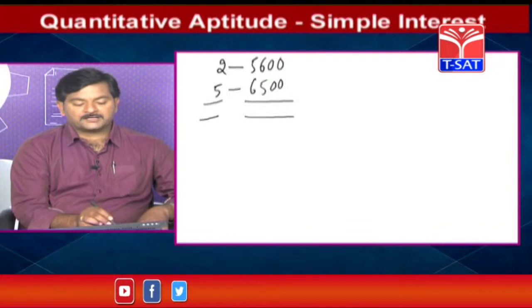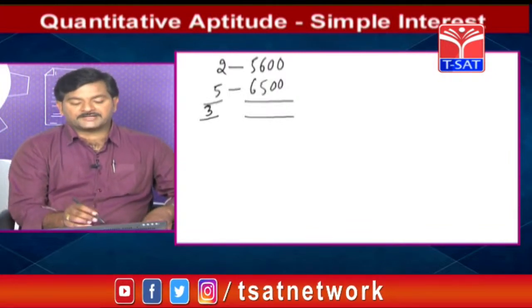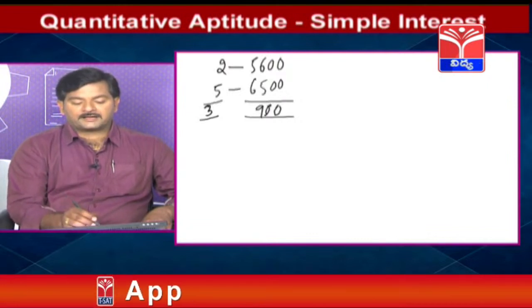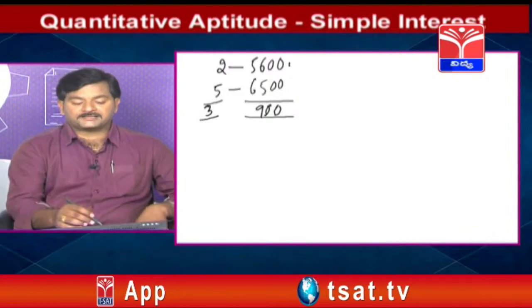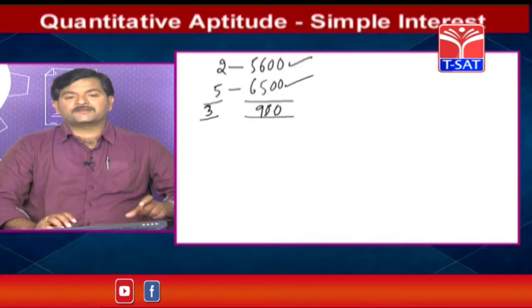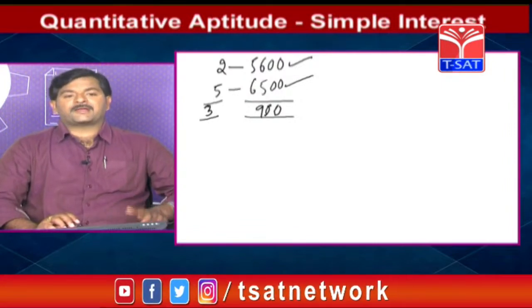We can find the difference between time, which is how many years? 3 years. And the difference between the amounts is clearly 900 rupees. Observe, a certain sum of money becomes, indirectly this is the amount for 2 years, and this is also the amount for 2 years. The difference between amounts is 900 and the difference between time is 3 years.